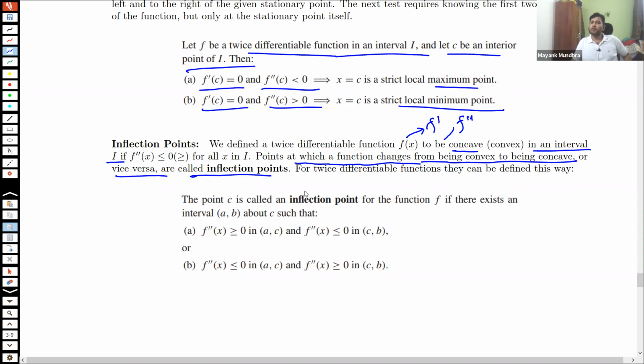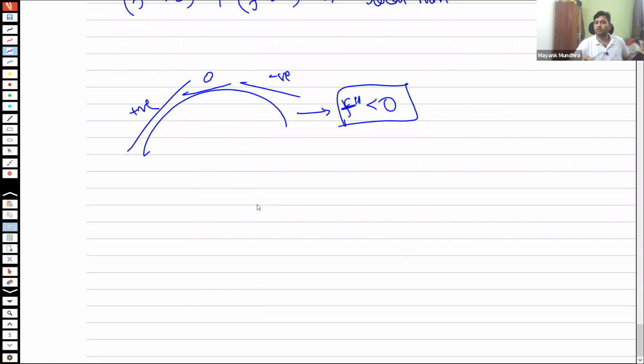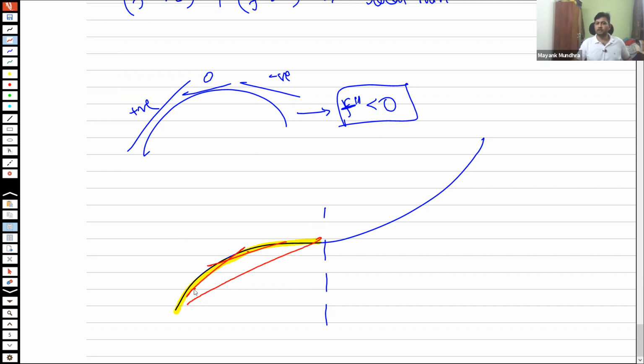So inflection points are points where the function changes its nature from concave to convex. A function need not be concave forever. You can define a function like this. Okay, so in this region, the function is concave. How do I know that? I connect any line segment here, it always lies below the graph.